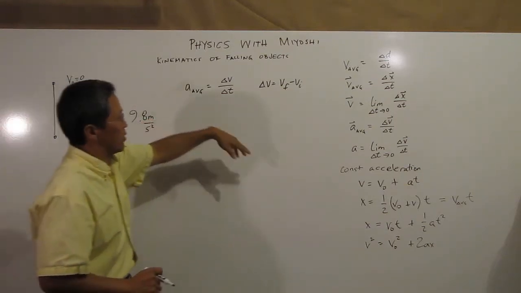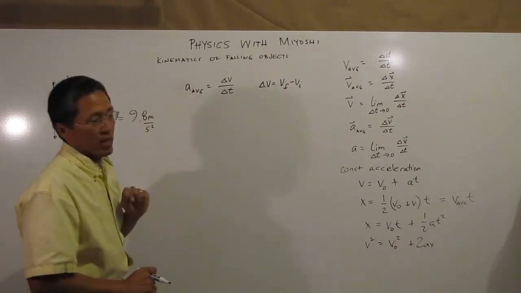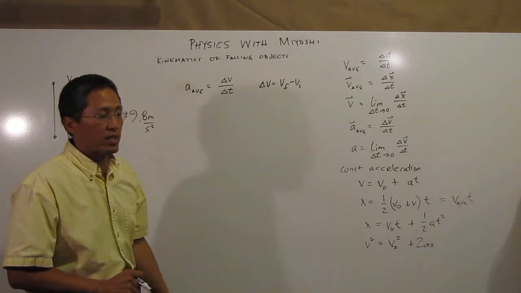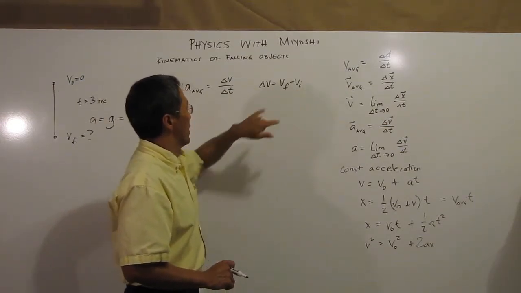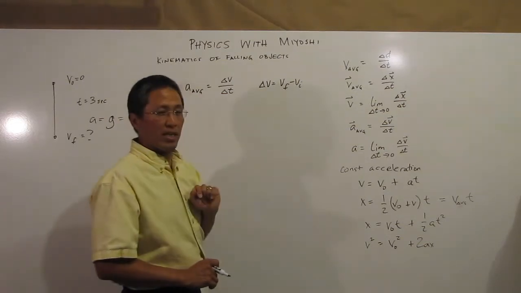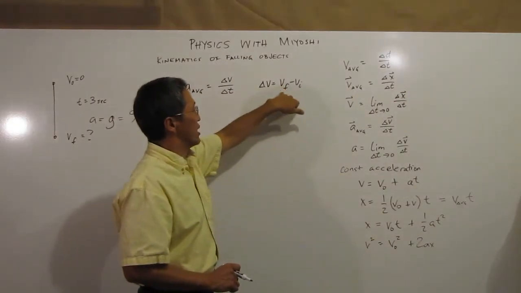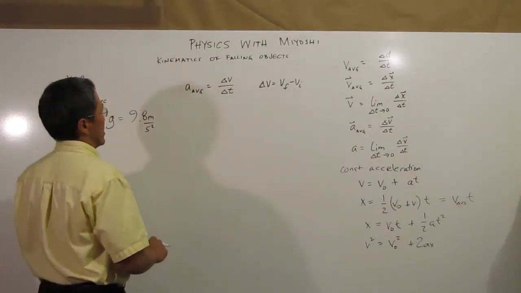Well, we're going to come back to one of our original equations and look at it. Acceleration, the average acceleration, is delta v over delta t. And delta v is our final velocity, or final speed in this case, minus the initial speed, or the initial velocity.